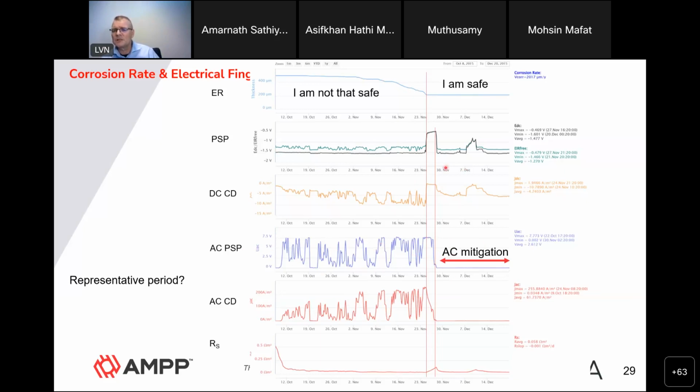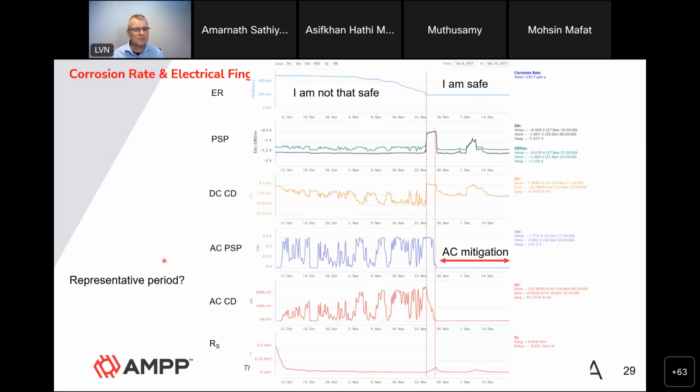But you can also see that right in this period here, you still have high AC, but you don't have any corrosion. And what has happened here is simply that you have let go of the cathodic protection. You sort of lose the cathodic protection, and that actually gives you a more safe condition in relation to your AC corrosion scenario. So it's a little upside down here where we have help in diagnosing from the ER probe and from the electrical fingerprints.